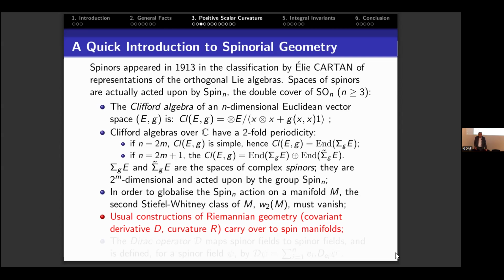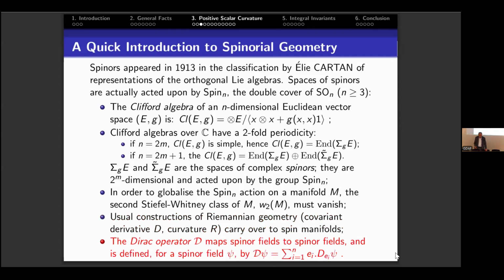So as soon as you give yourself a manifold which is spin, admits a notion of spinor, and you give yourself a metric, then you can really do what you usually do. And the very important operator, which of course was rediscovered later by physicists, was defined by Dirac in 1928, that's why it's called the Dirac operator, at the birth of really quantum mechanics.